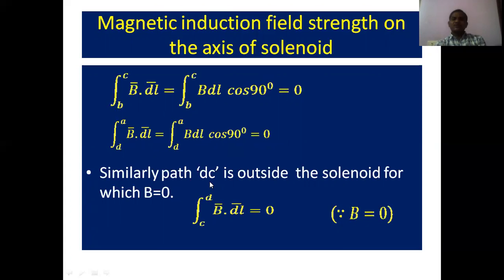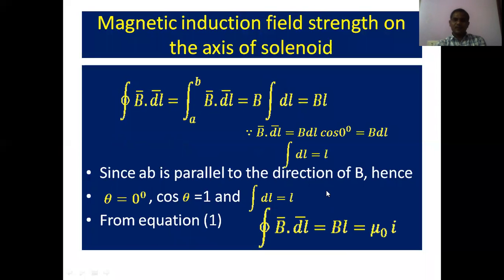Now, since the path DC is outside of the solenoid, the contribution of the magnetic field is 0. So B equals 0. Therefore, the integral from C to D of B bar dot dl bar equals 0, since there B equals 0. Therefore, the closed integral of B bar dot dl bar over ABCD equals simply the integral from A to B of B bar dot dl bar.